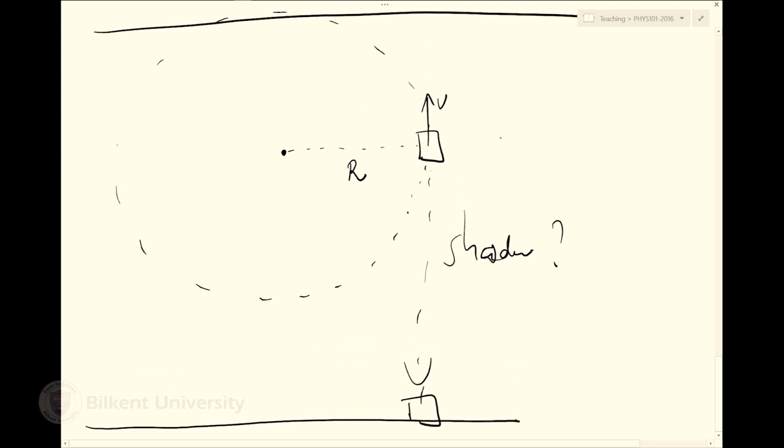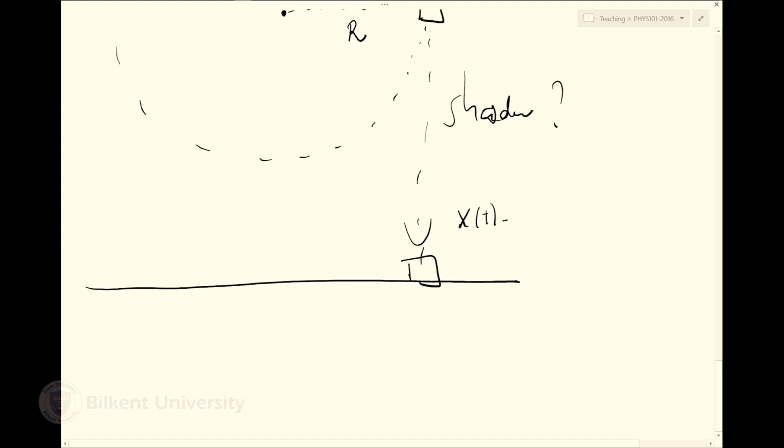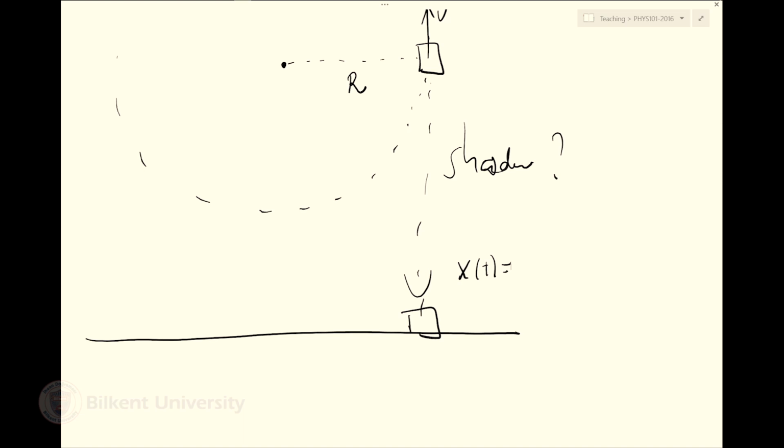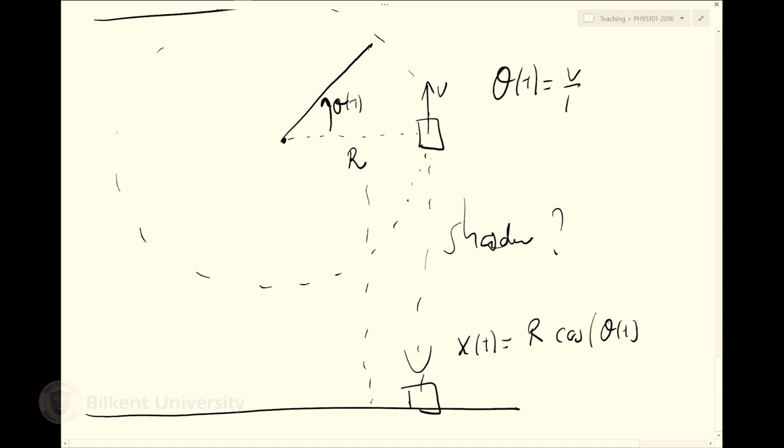I know that in my uniform circular motion, x of t will do the following. If this guy makes an angle theta at some point, it will be r times cosine theta of t. But what's theta of t if this is uniform circular motion? Theta of t is going to be v over r times t, that's omega times t.